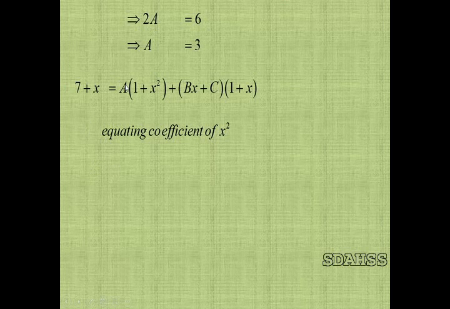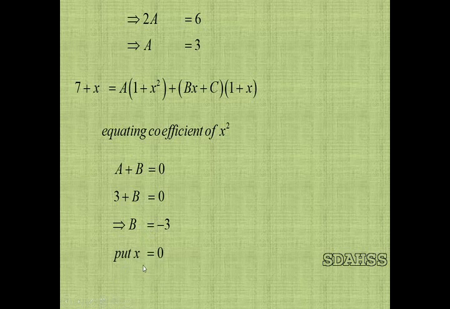But in the right hand side the coefficient of x square is A plus B. A plus B is equal to 0. Now substitute A is equal to 3. So 3 plus B is equal to 0. Then B is equal to minus 3.